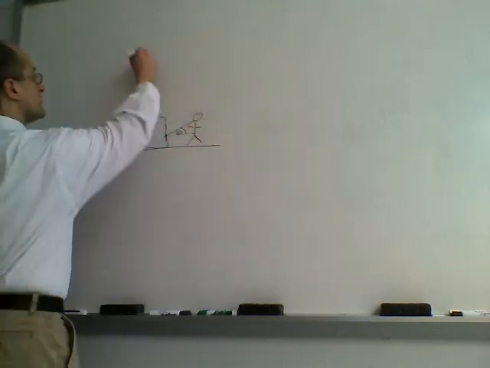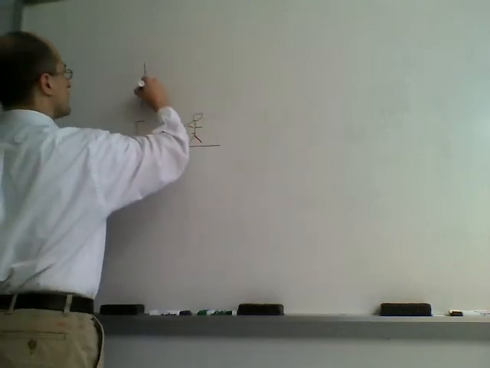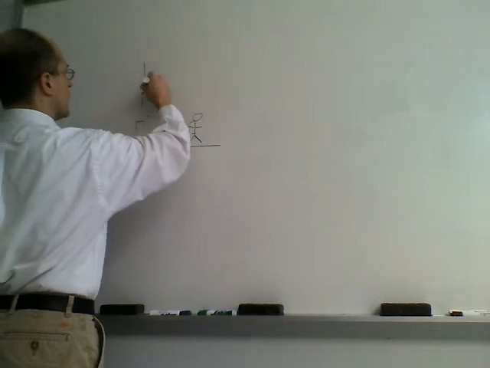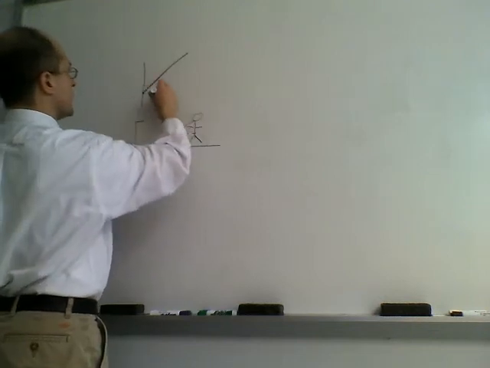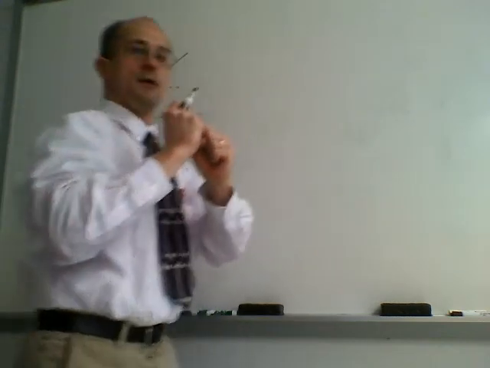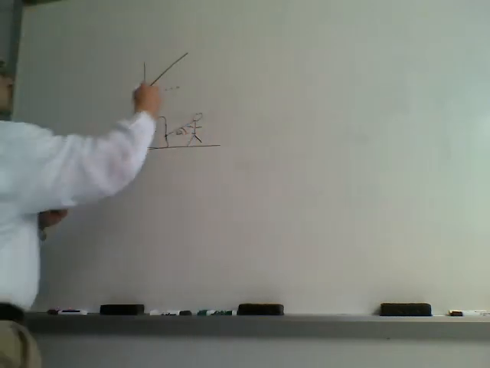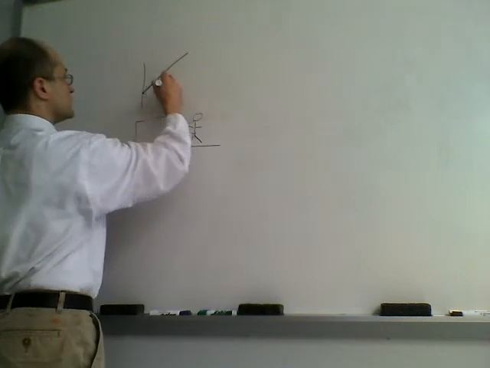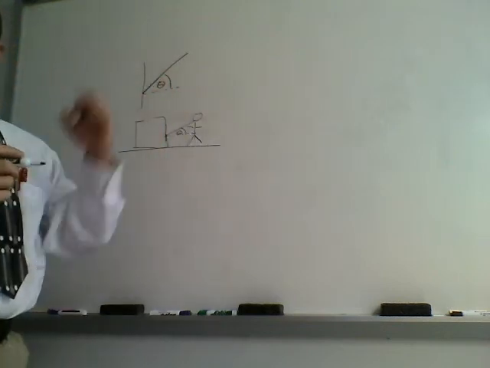Looking at the side of the box, the rope is attached and you're pulling up on the object. It's like having the rope over your shoulder and pulling the object behind you, and that rope makes some angle theta up towards you.